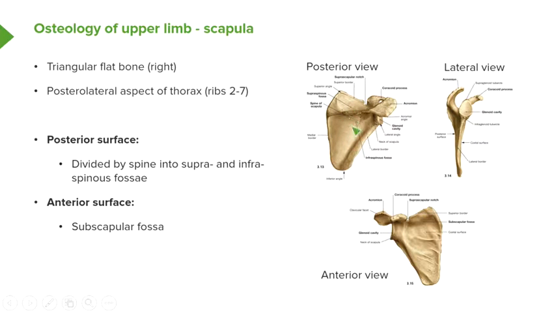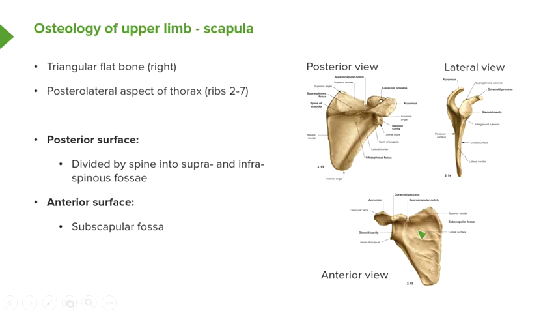These fossae are important in offering muscle attachments that work on the shoulder joint, and again, we'll look at these in more detail. So the posterior surface has this prominent spine, this ridge, forming a supraspinous and infraspinous fossa.